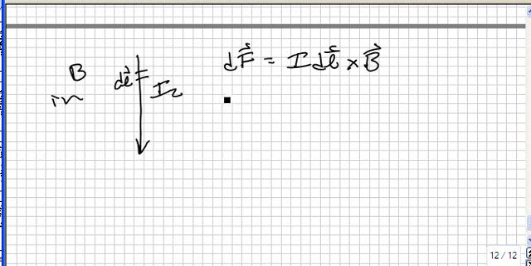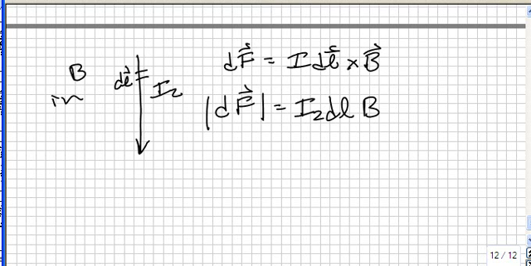In this particular case, the magnitude of the force is going to be equal to I2, the current that's flowing through the wire segment, times dl crossed with B, which is just going to be equal to dl B. The reason is that the B, since it's into the page, is 90 degrees different from dl. The magnitude of dl cross B, dl B sine theta, is actually just equal to dl B.